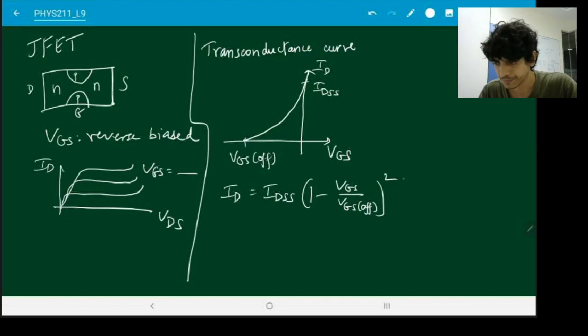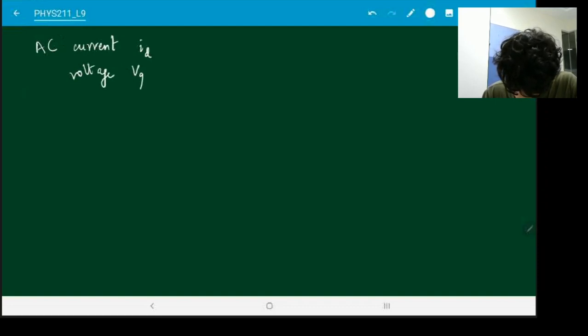So we call this a transconductance curve, but what exactly do we mean by the word transconductance? So suppose you're passing an AC signal through your JFET. So then you have some AC current id and some voltage vgs.